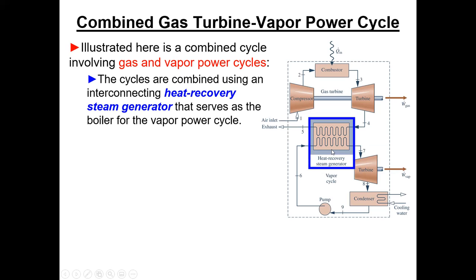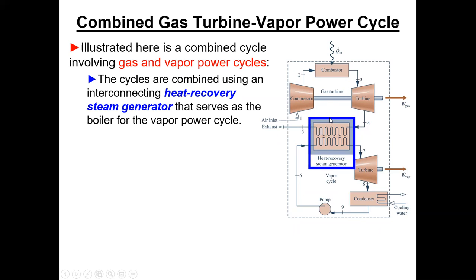Okay, so I don't think it's going to say much here I hadn't already said, using interconnecting heat recovery. If you work a problem with this, it's a steam generator that basically mathematically chains the Brayton cycle to this, because you've got your gas flow coming in at T4 and leaving at T5. So you've got an enthalpy at 4, an enthalpy at 5, and a mass flow rate.